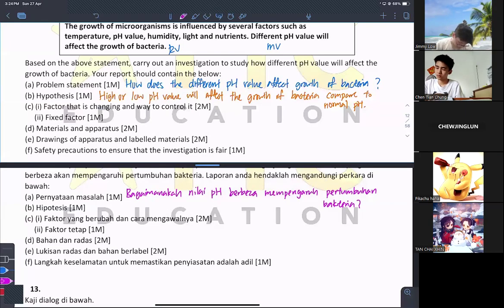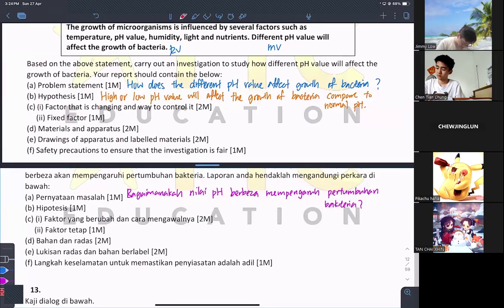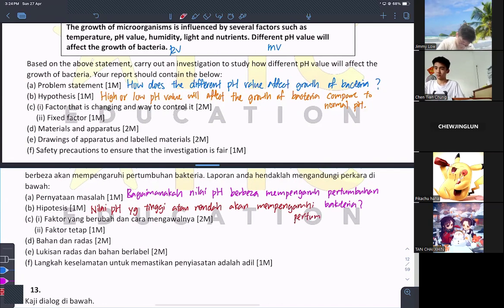For BM as well, you can say: nilai pH yang tinggi atau rendah akan mempengaruhi pertumbuhan bakteria. Wow, BM is so long.